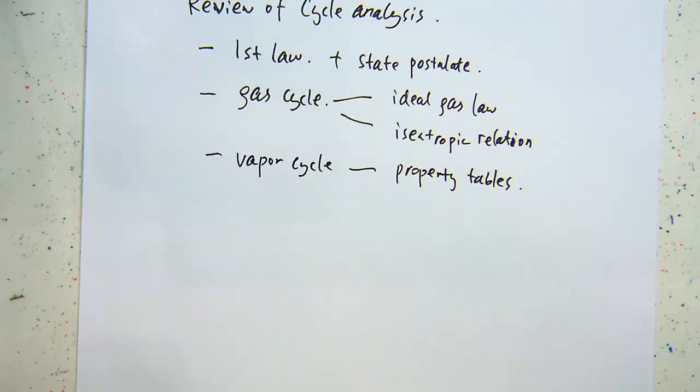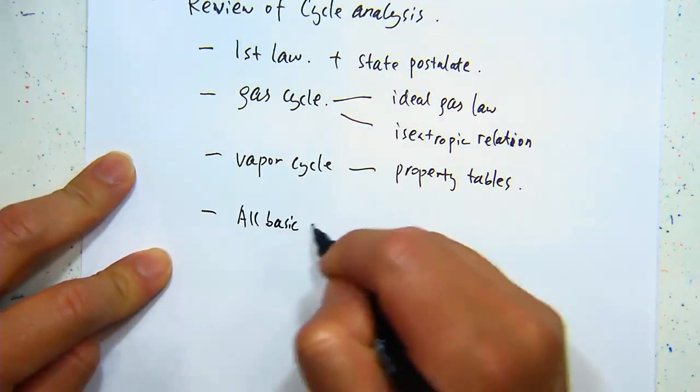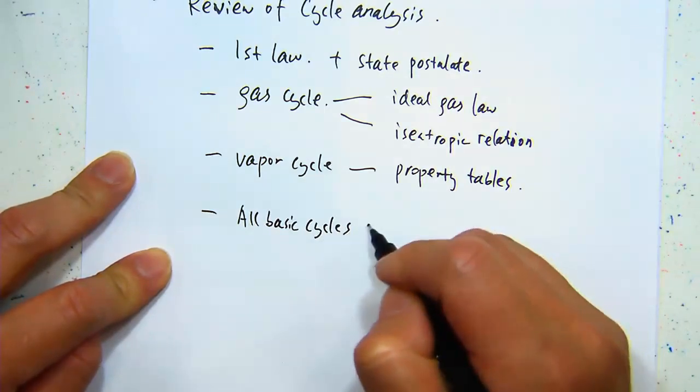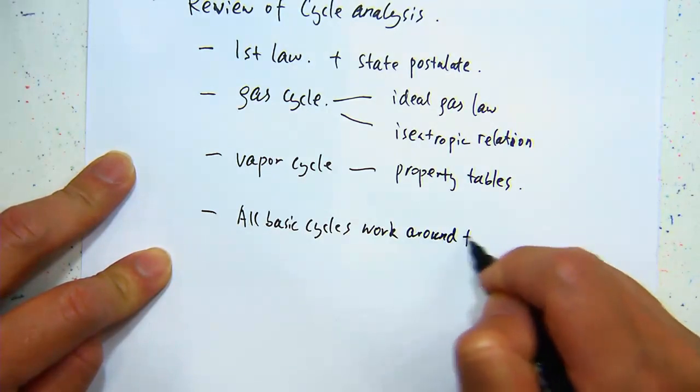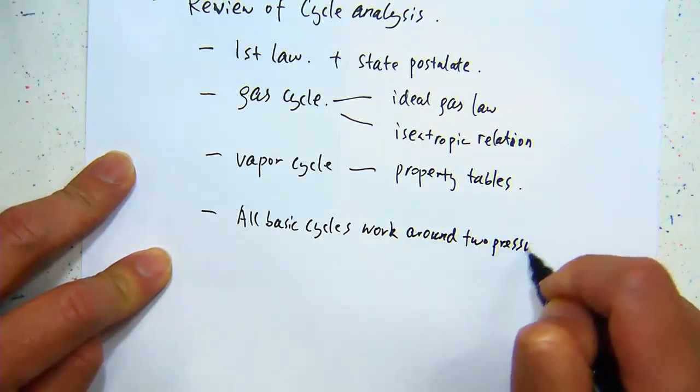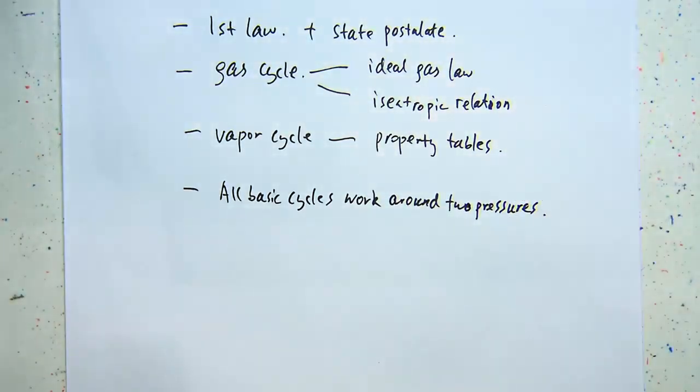If you have an intercooler or a reheater, you may have more pressures. But the basic cycle, we're only dealing with two pressures. Understanding that is useful, because temperatures can be complicating, but there are only two pressures. One corresponds to the pressure at the hot reservoir, and the other at the cold reservoir.